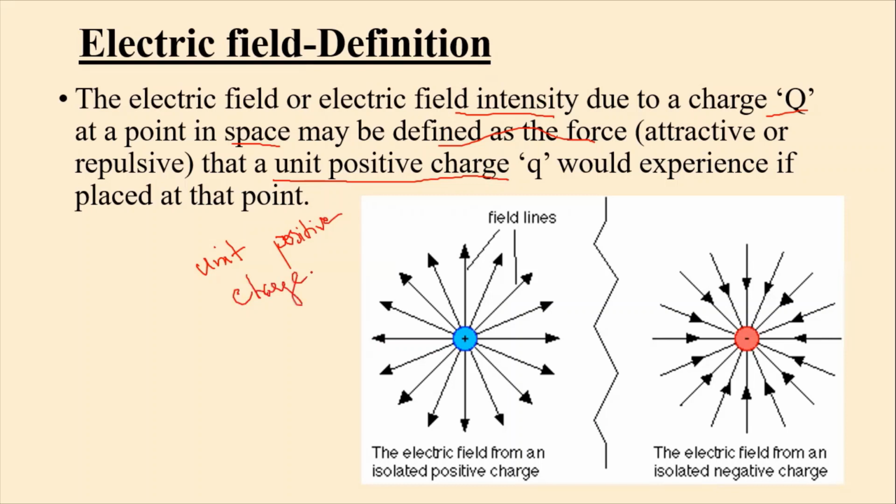It means the magnitude of the small q will be much lesser than the value of capital Q. The magnitude of the charge possessed by capital Q will be much, much greater than small q, such that when you bring this charge closer to capital Q, the bigger charge will not change its position.